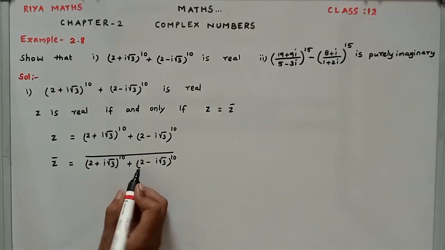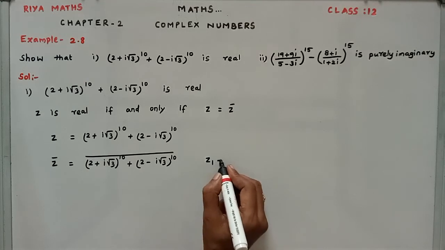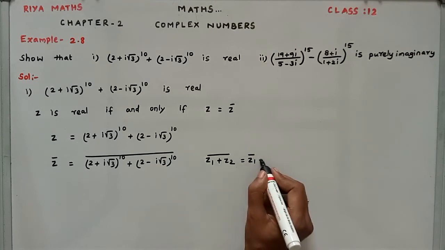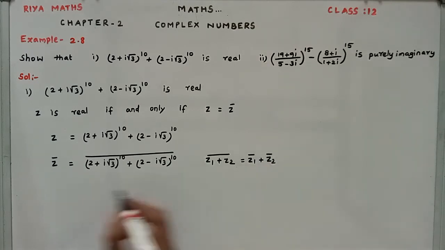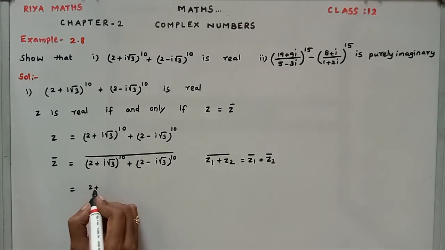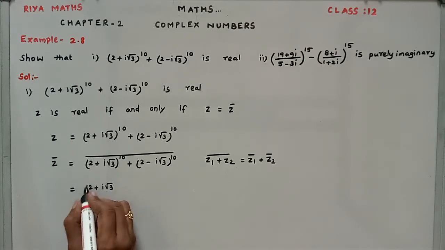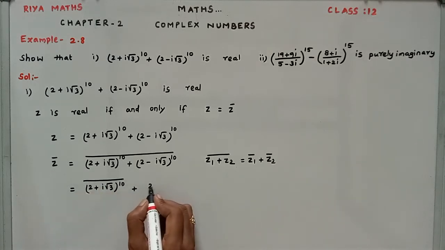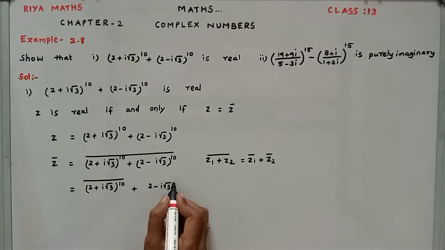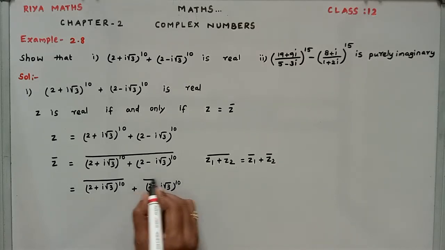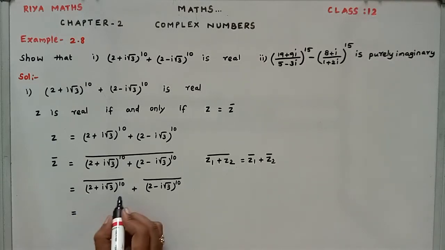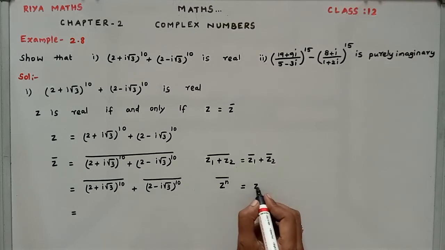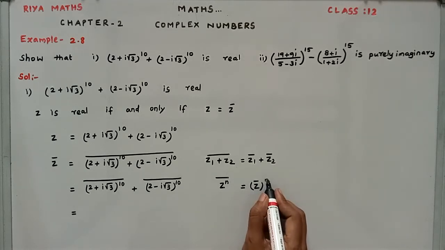Here we can use another property: (z1 + z2) whole bar is equal to z1 bar plus z2 bar. So we can write (2 + i√3)^10 whole bar plus (2 − i√3)^10 whole bar. Here we can use one more property: (z^n) whole bar equals (z bar)^n.